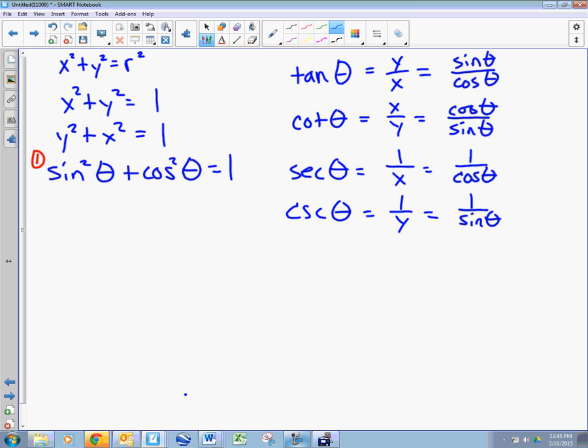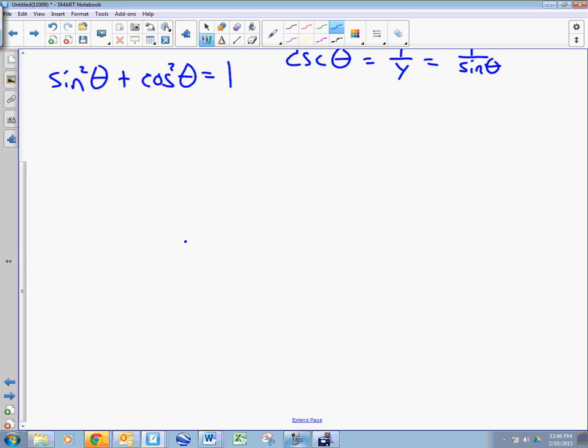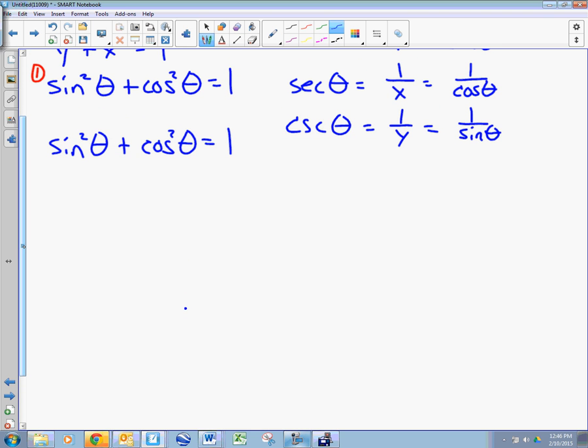So let's generate some more formulas. I can see you're excited. Control your enthusiasm while I do this next one. Sine squared plus cosine squared equal to 1. And what I'm going to do is manipulate that formula a little bit, by dividing everything by cosine squared. It's legal. It's legal to divide by the same thing on both sides, right?